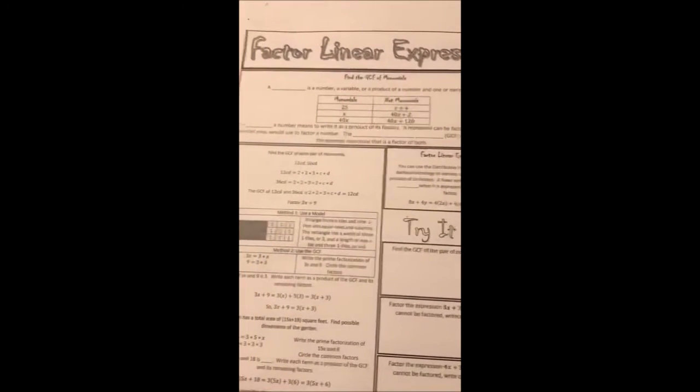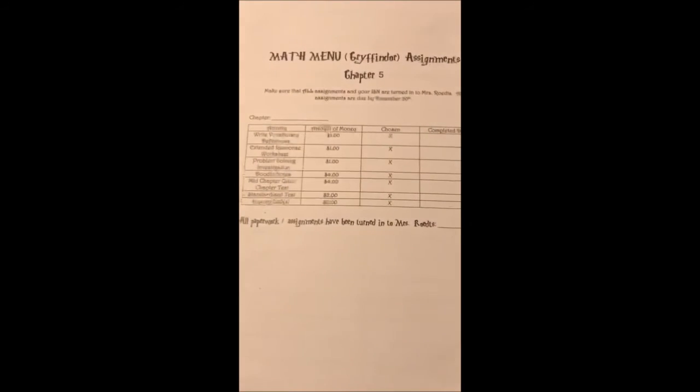Page 96, add linear expressions. Page 97 is left blank. Page 98, subtract linear expressions. Page 99 is blank. Page 100, factor linear expressions. Page 101 is left blank. And then on page 102, you should have your math menu for Chapter 5 for Gryffindor.